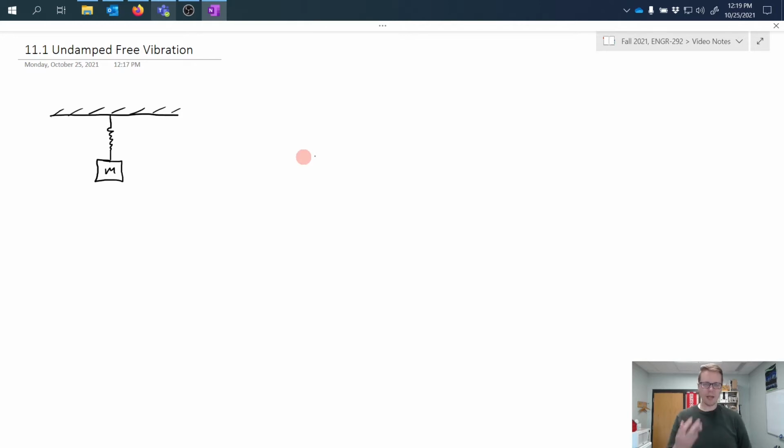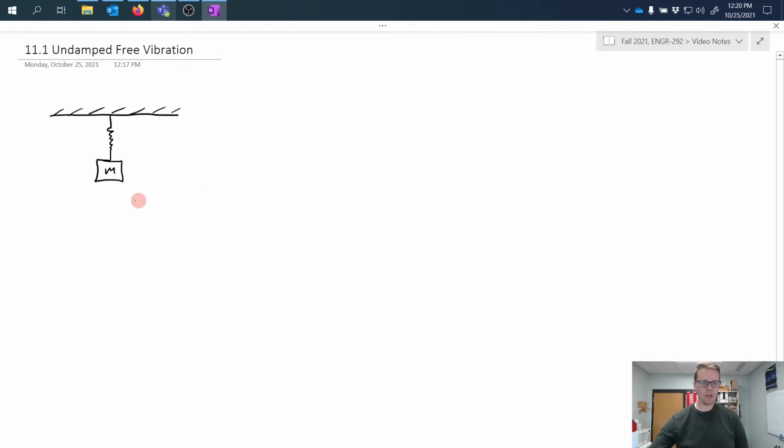So undamped meaning that there's nothing slowing it down in particular. Of course, we're talking about an idealized case here where there's no loss due to deformation of the material and things like that. And also it's free vibration, which means we're not driving the motion. We're not continually moving the mass up and down with some sort of external force. So that's the version of this that we're going to look at.